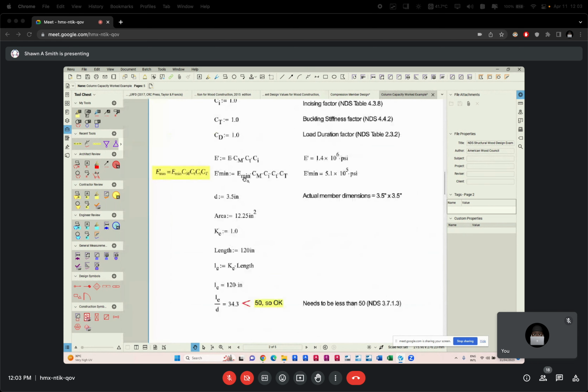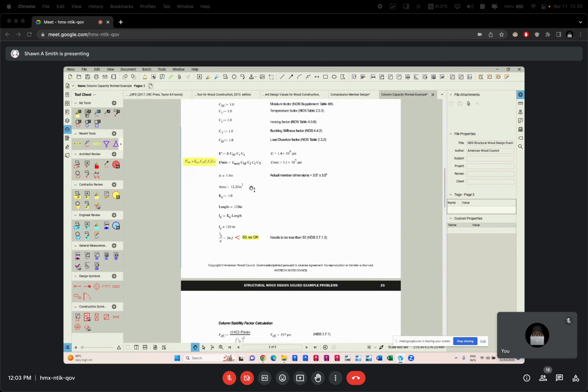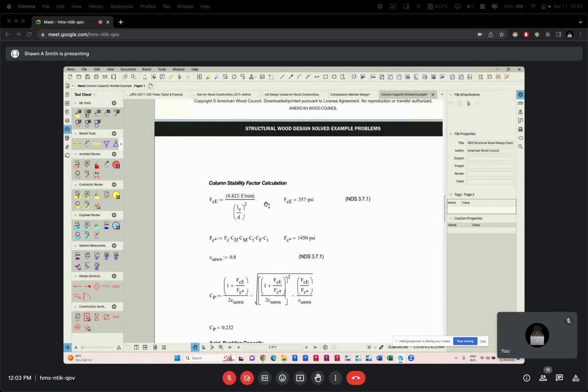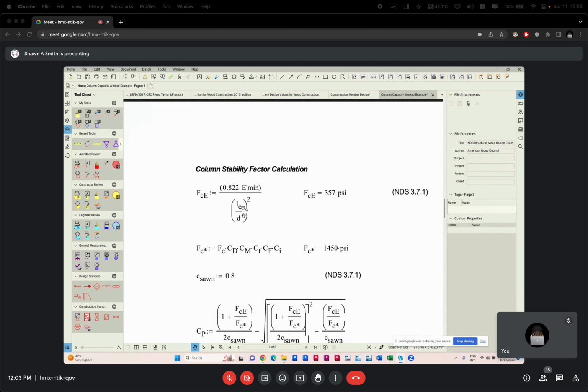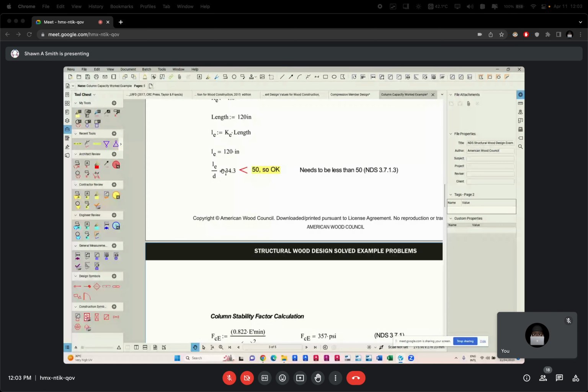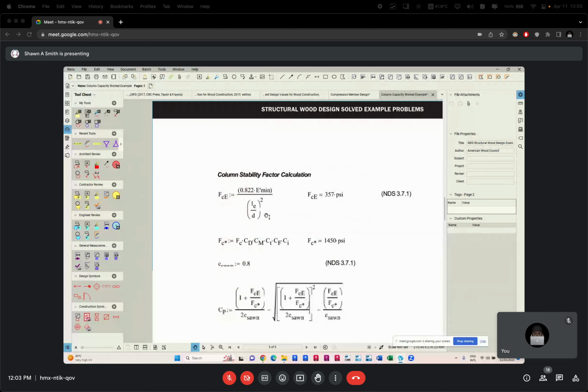E prime min. So it's a matter of plugging that value into this. We have LE over D because we just calculated LE over D a while ago. All right. So we need to square it.